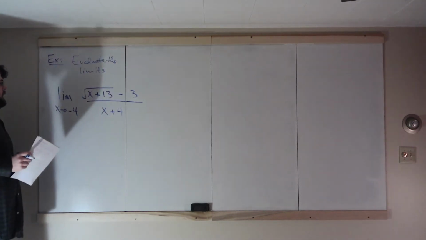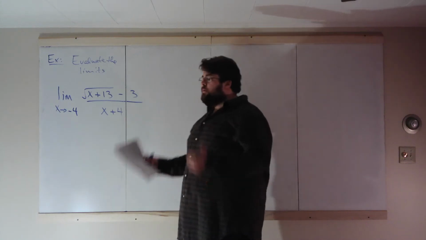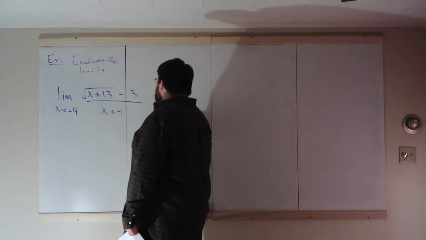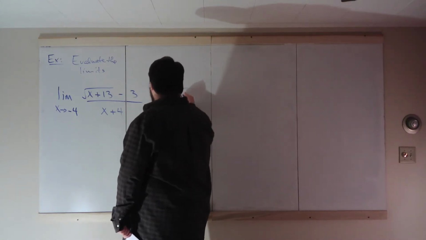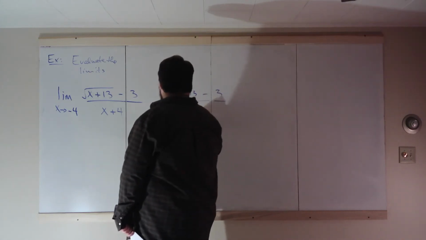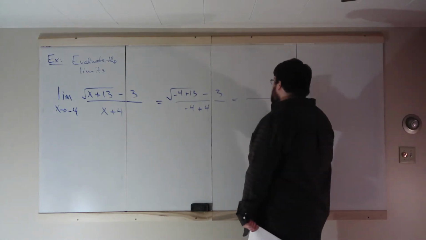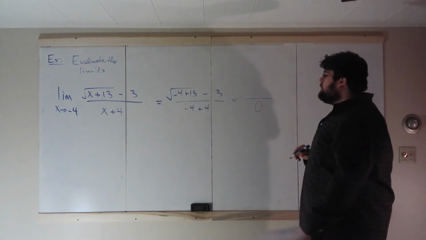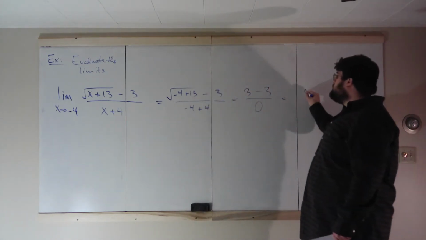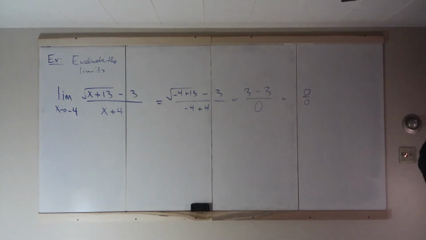Limit as x approaches -4 of root x plus 13 minus 3 over x plus 4. Well, again, we hope a direct substitution works. Does it? Well, let's try. Well, we see that 0 on the bottom. We already know something's not going to go well. But let's see if we're in case 3 or 4. What's on top? Well, we have root 9 minus 3. So we get a 0 over 0, and we're in case 3.